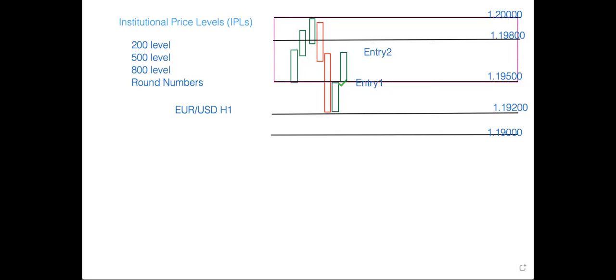And even if you think more about it, if you consider the Fibonacci from here to here, definitely this pullback is around 38.2 Fibonacci retracement. So we have 3 things which is giving us confidence to enter the trade as entry 1.